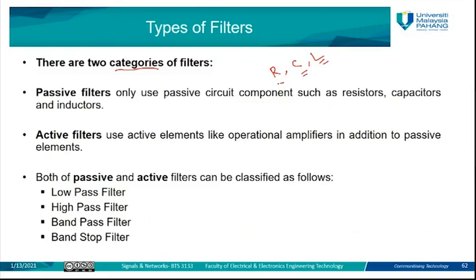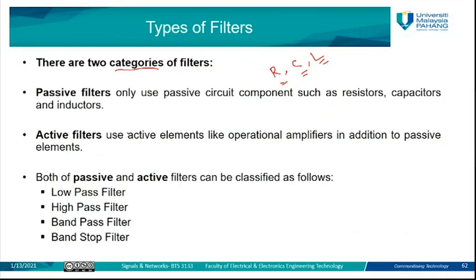Passive component means a component which stores or dissipates power. So it does not produce power, it just takes power from the power source. So for example, the resistor, the capacitor, the inductor, they have to be connected with the source in order to store some type of energy or dissipate some type of power inside this component.